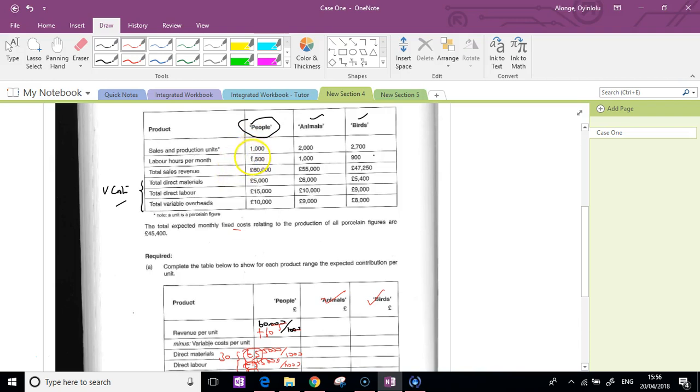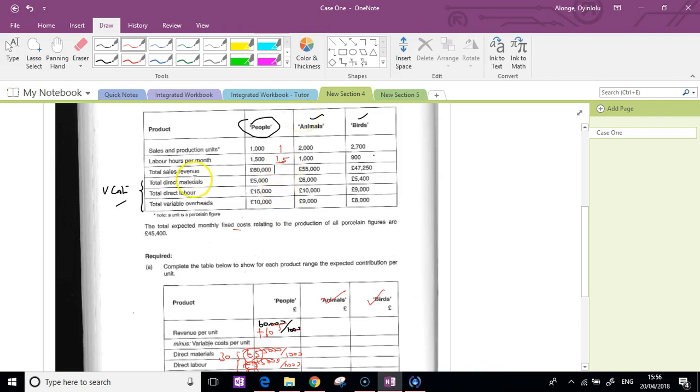So you need 1,500 hours to make 1,000 units. That means for one unit you need 1.5 hours, right? You can see the maths there.